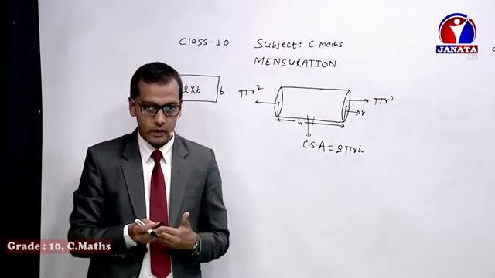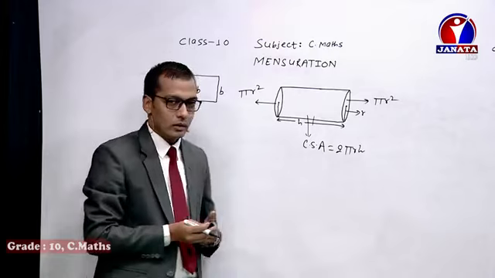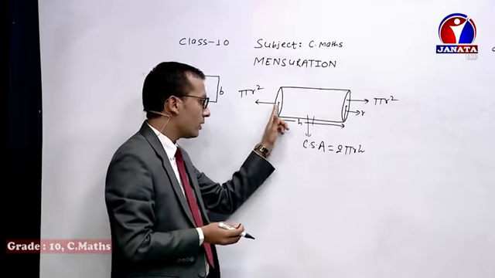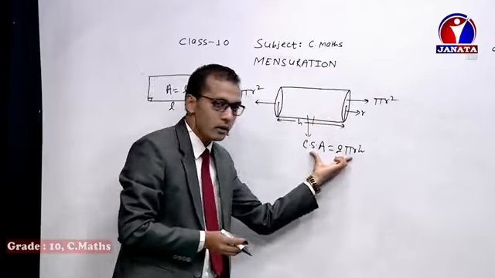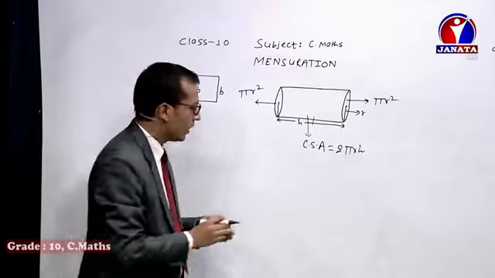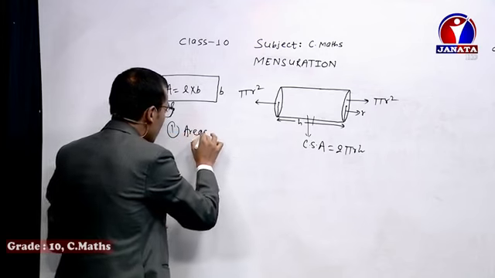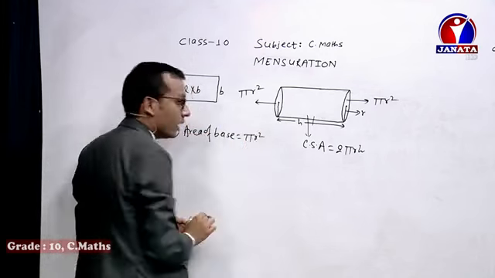Area of all the surfaces means, in case of a cylinder, there are two circular faces, base or two ends. This is the first end, this is the second end, and the middle region is the curved surface. First of all, what is the area of base, pi r square?